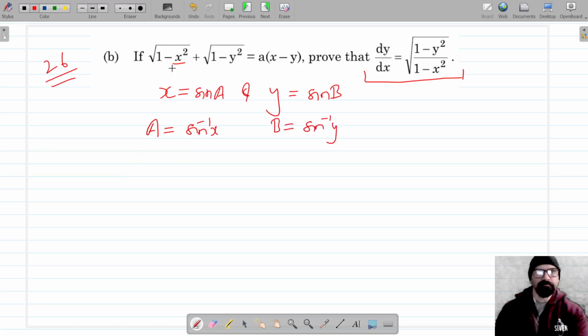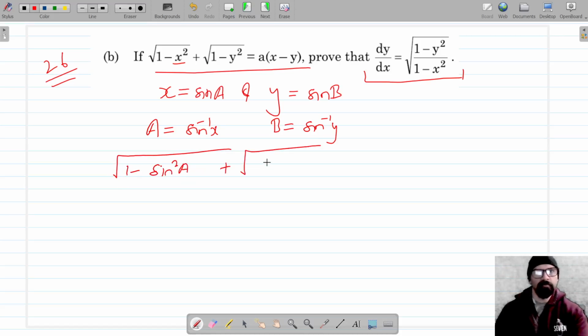Okay, now let's substitute the values here. So this is under root 1 minus sine square a plus under root 1 minus sine square b is equal to a into x minus y, which is sine a minus sine b.